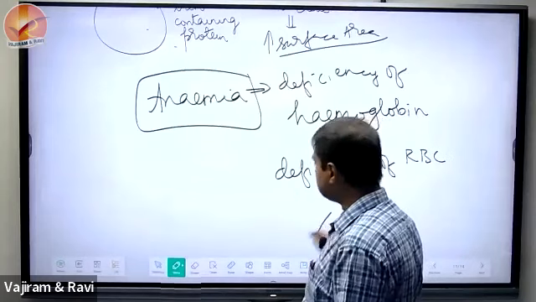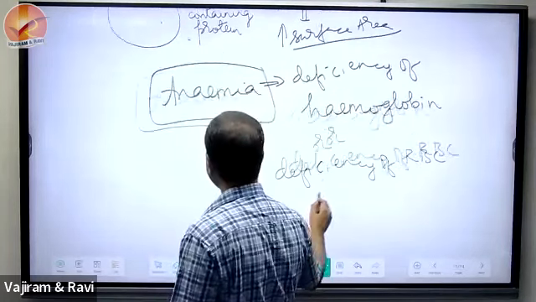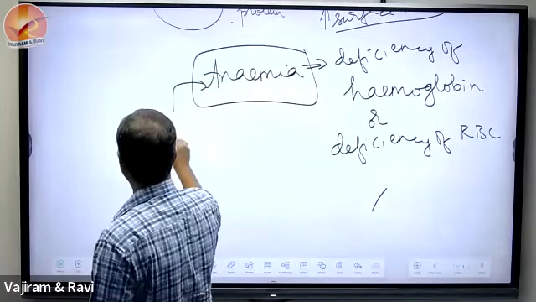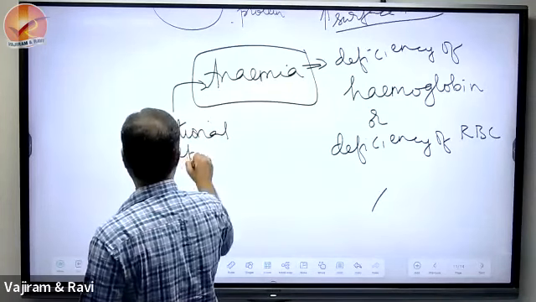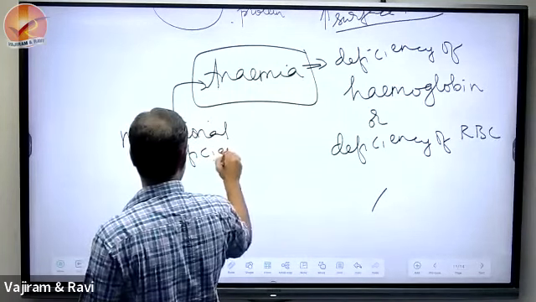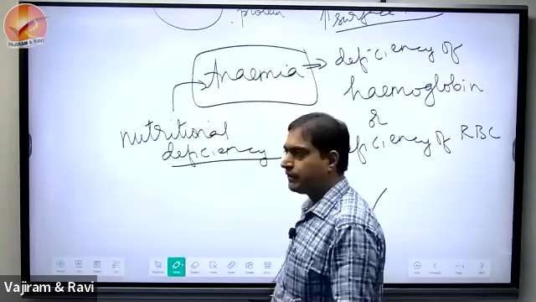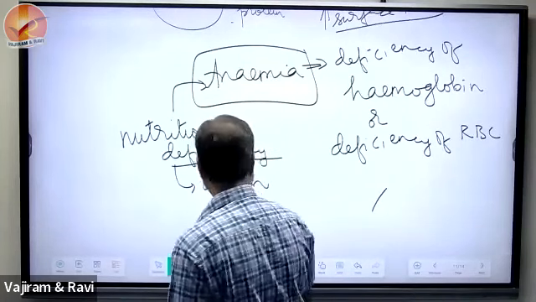Now, the reasons for anemia could be multiple. So this could be due to nutritional deficiency. Nutritional deficiency like of iron can cause anemia.